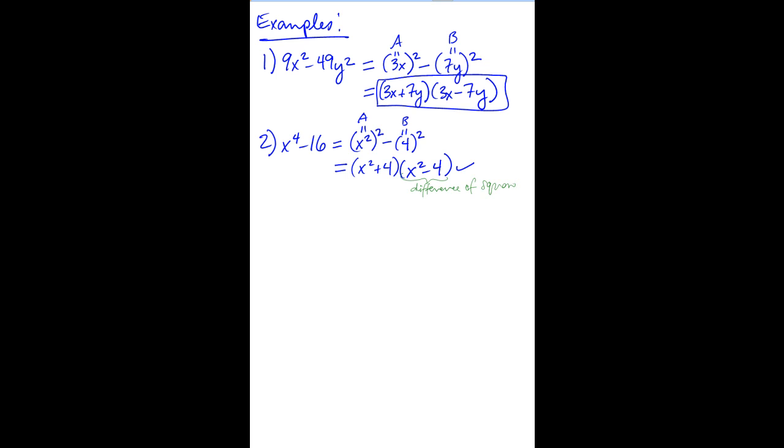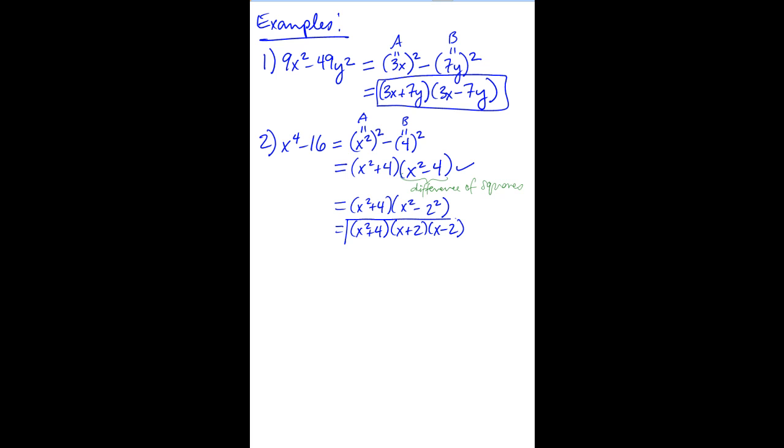So we could repeat what we just did. The x squared plus 4 is not a difference of squares, but this x squared minus 4 could be rewritten as x squared minus 2 squared. So we could rewrite this as x plus 2 times x minus 2.